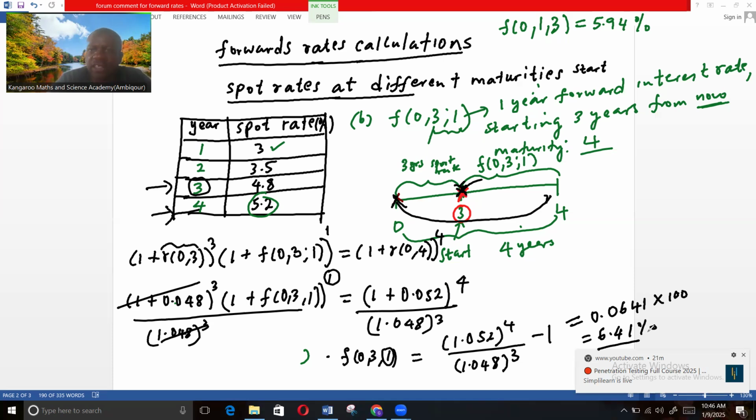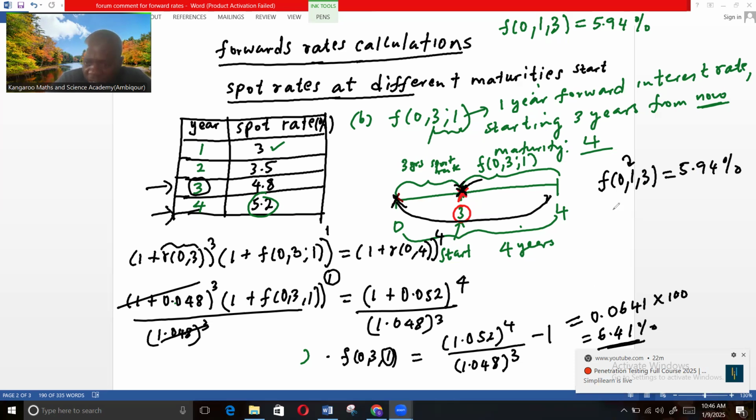You see, remember the first one we said, the 3 year forward interest rate that started 1 year from now, it's 5.94.